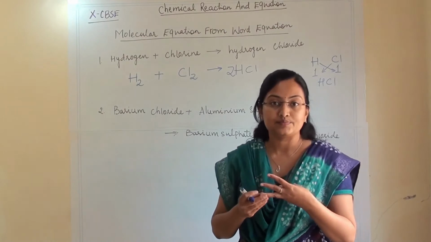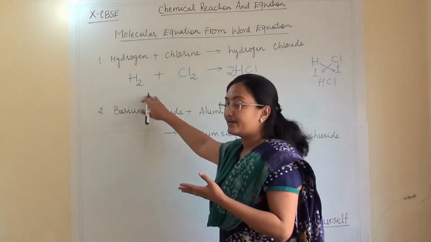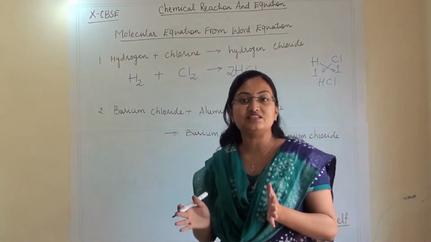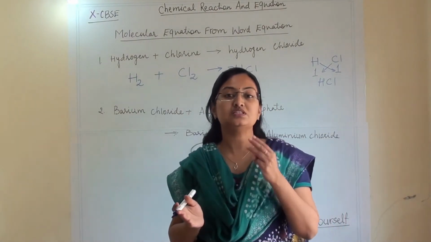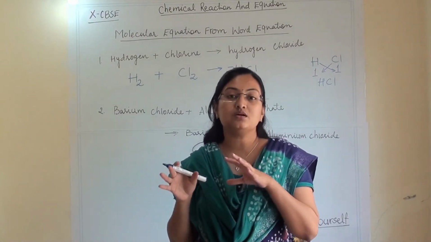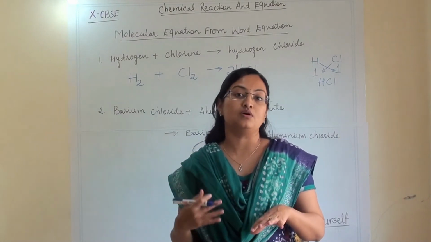Then second, how to arrange them and write them, and the last, balancing of an equation. So these 3 things are involved in writing a molecular equation from a word equation.